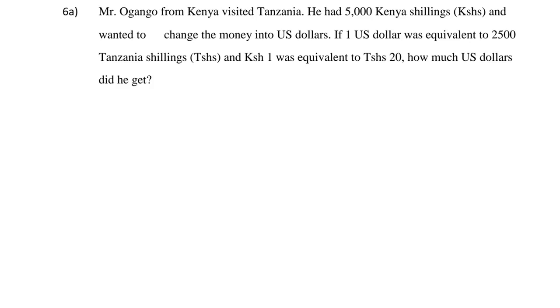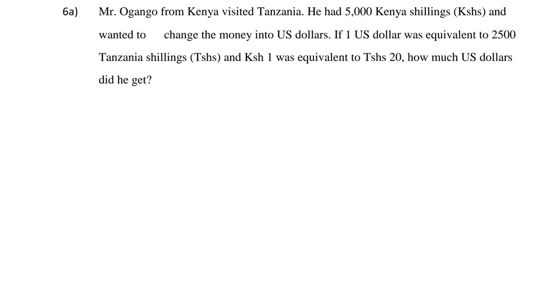Okay, so this is the currency conversion problem. Since Mr. Ugango visited Tanzania and he had 5,000 Kenya shillings and wanted to convert it into US dollars, we must first convert it into Tanzania shillings using the Kenya shilling and Tanzania shilling equivalent. Then we convert it into US dollars using the Tanzania shilling and US dollar equivalent.